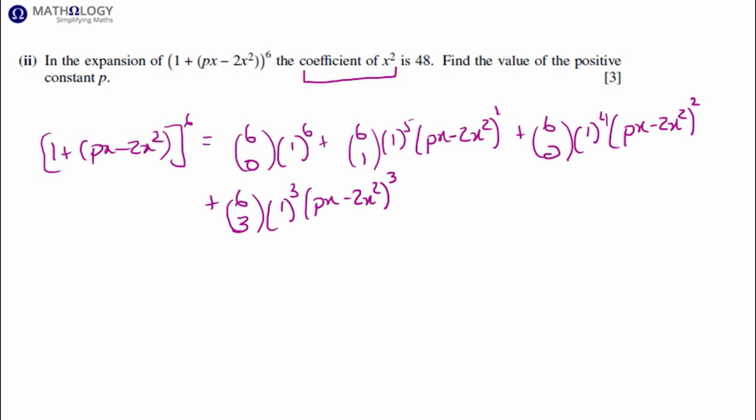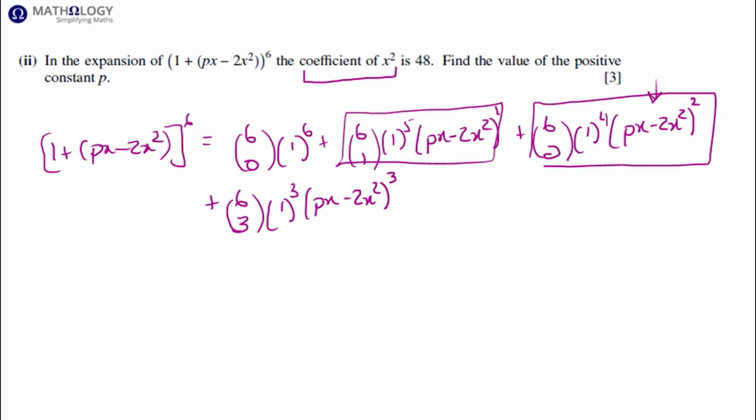Now we need the coefficient of x squared. We will get an x squared out of the second term. We can clearly see we've got an x squared, and that's to the power of 1. And then the third term, when we expand this bracket, we are going to get an x squared term out of that.